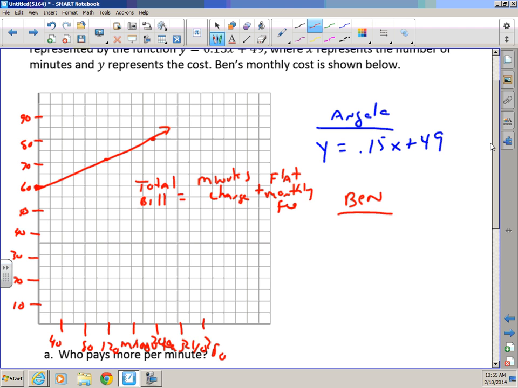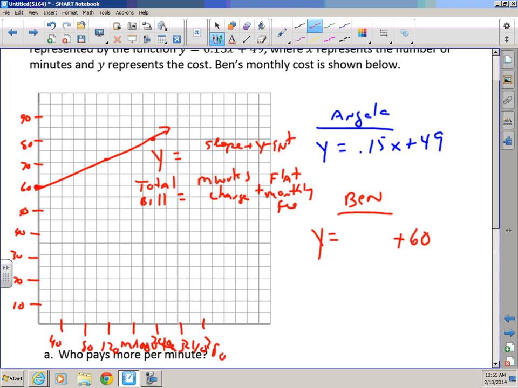The total cost is what y is. The minutes charged is based upon your slope, and the flat monthly fee is based upon your y-intercept. Now, if we look at Ben, his y-intercept is 60. So that means if he doesn't talk any minutes, they're going to charge him $60.